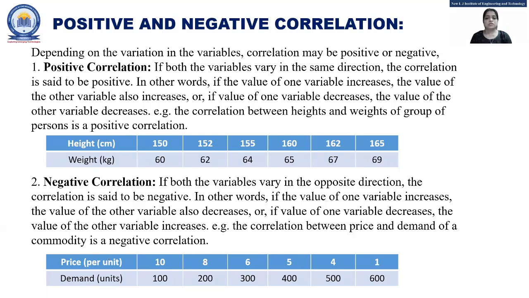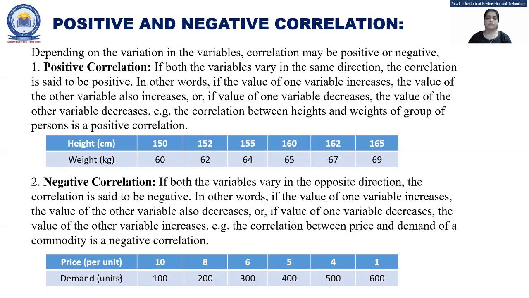Example, correlation between the height and weight of a group of persons is a positive correlation. So here height is 150, then the weight is 60; height is 152, at that time weight is 62; height is 155, the height is given in centimeters, right?